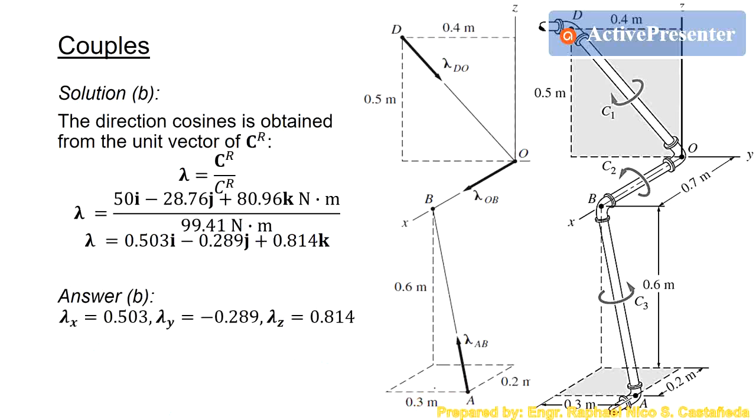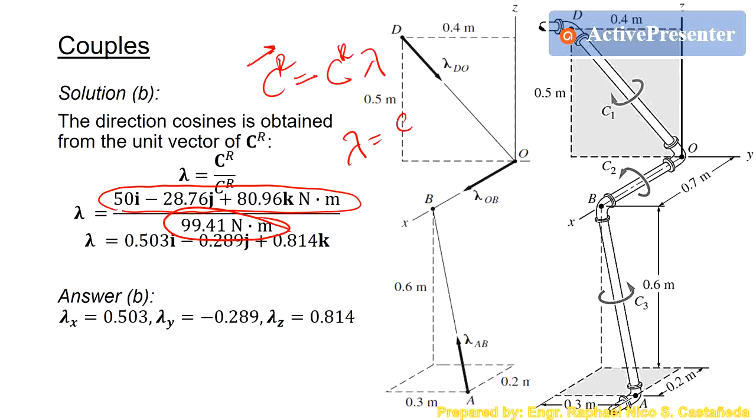For letter B, determine the unit vector, the direction cosines, which are the components of the unit vector of the couple resultant. So the couple resultant in vector form is its magnitude times lambda.